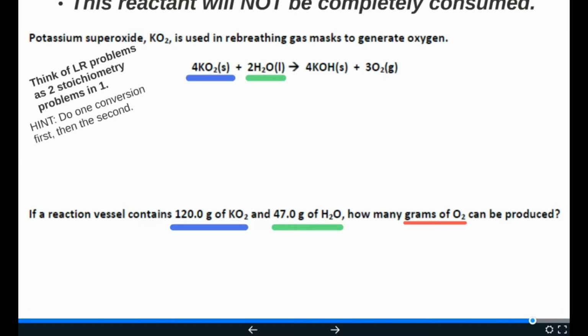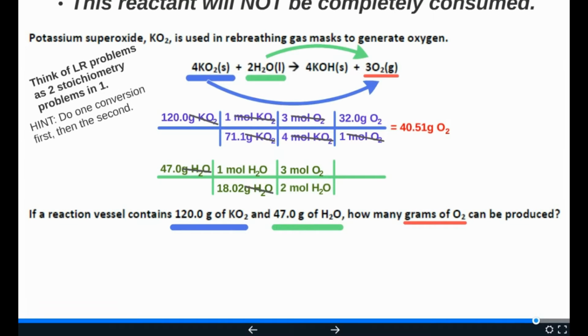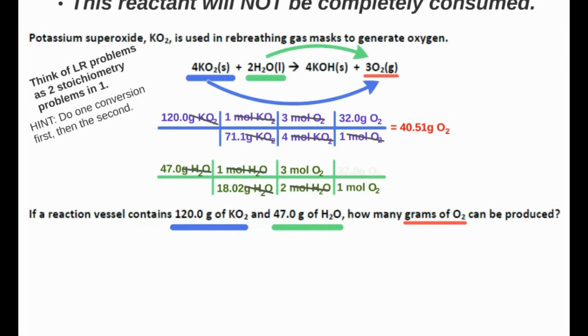So let's look at our answers again. Is the question going to say which one is your limiting, which one is your excess? Yes. That is what all of these will ask. Okay? So which one is smaller out of these two? 40.51. That's your limiting. Now, let me explain this. Limiting reagent or limiting reactant, it is not a product.